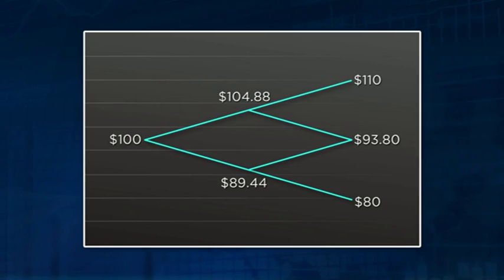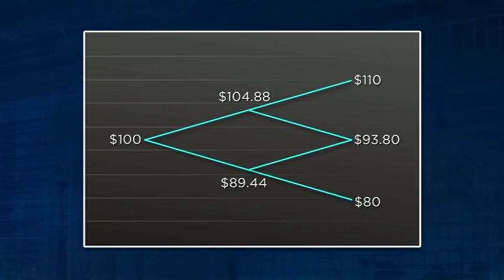Then what's going to happen if you do that is you have the tree start at 100, it goes up or it goes down, and then if it goes up, from there it can either go up again or it can go down. Alternatively, if it goes down the tree branch, from that point it can either go up or go down. So what ends up happening is you build a tree that has many more branches. Thus, the 2-period problem has a tree with 3 final endpoints.